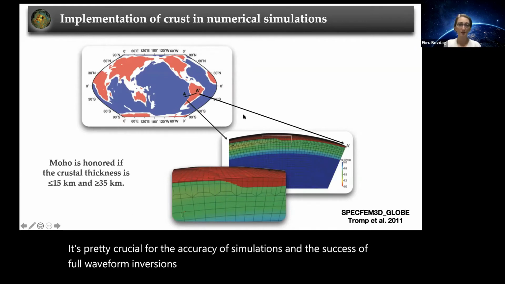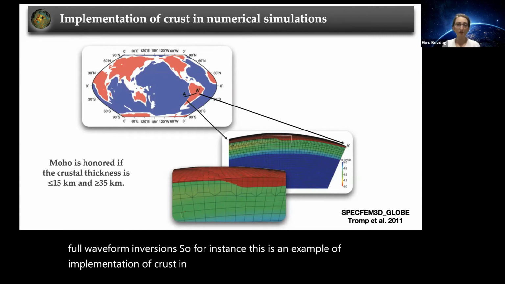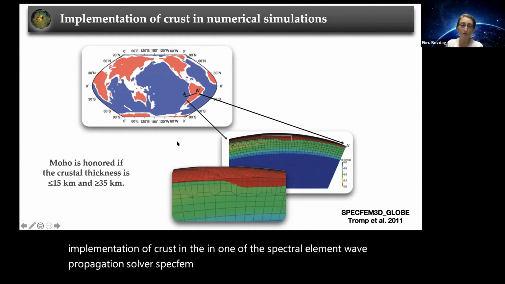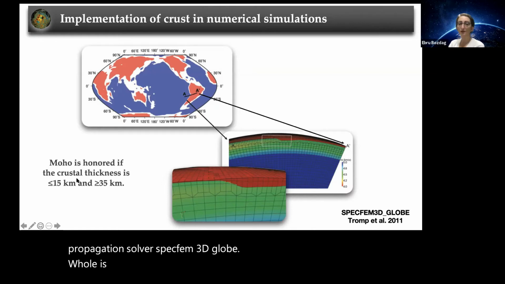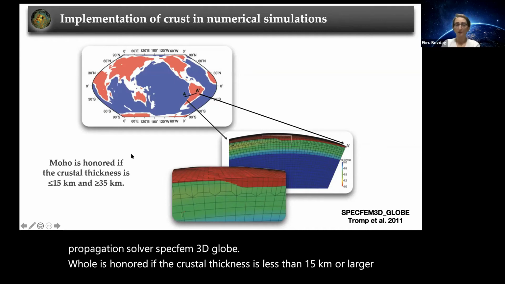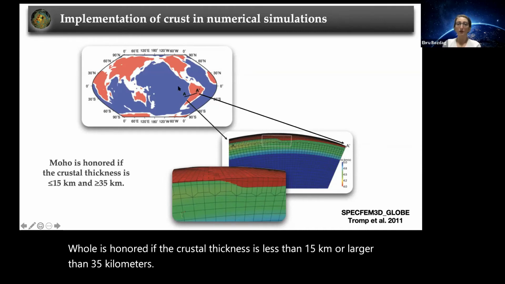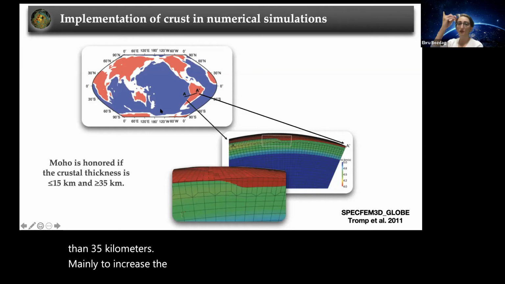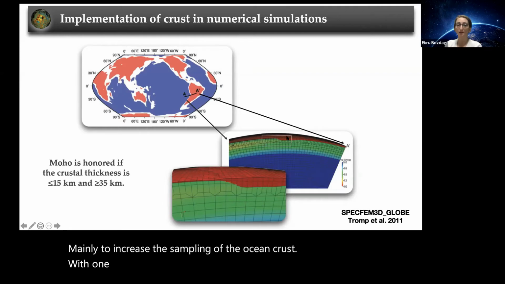So, for instance, this is an example of the implementation of the crust in one of the spectral element wave propagation solvers, SPECFEM3D_GLOBE, where the Moho is honored if the crustal thickness is less than 15 kilometers or larger than 35 kilometers. This is mainly to increase the sampling of the oceanic crust with one spectral element, and the continental crust is represented by two spectral elements.